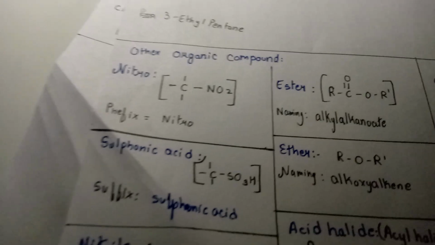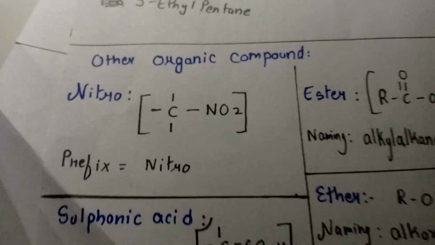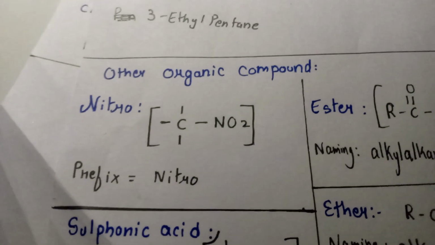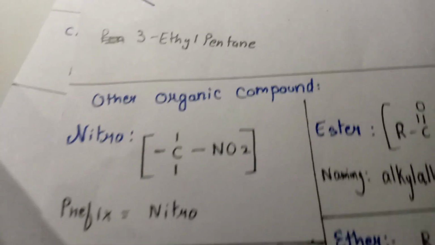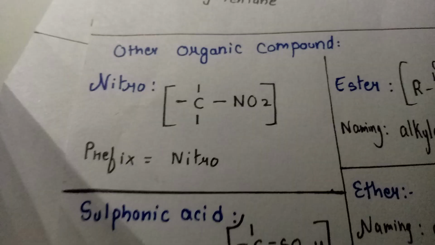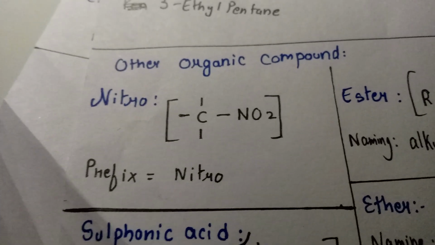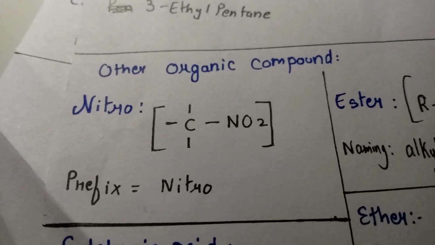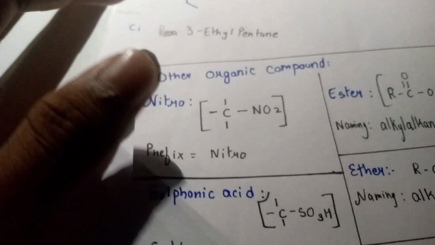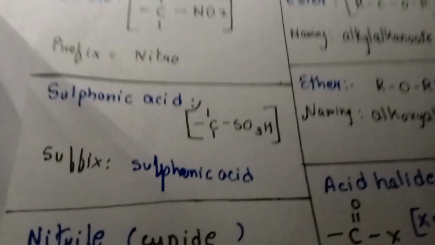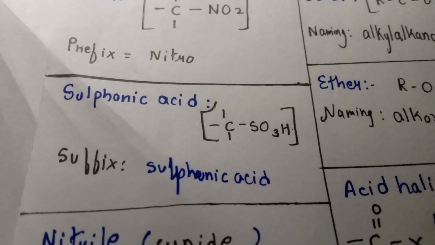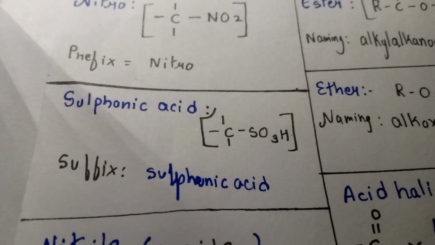Next up, there are other organic compounds, starting with nitro. Nitro is one of the favorites of most of them. One of the carbon bonds will be of NO2. Then sulfonic acid: one of the carbon bonds will have SO3H, and sulfonic acid will be the suffix.